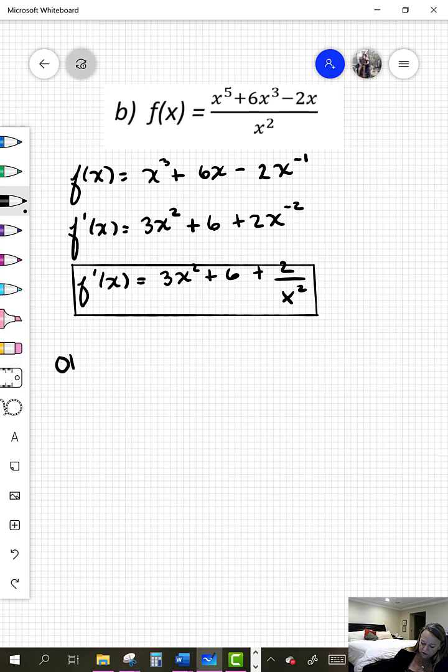Or if you use the quotient rule, let me just go through it using the quotient rule. We need to take the derivative of the numerator.